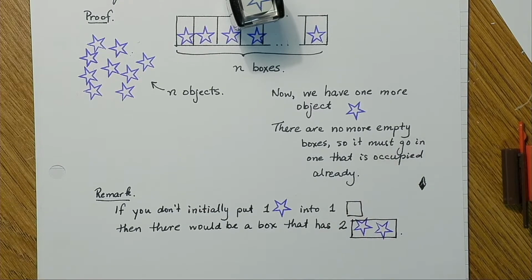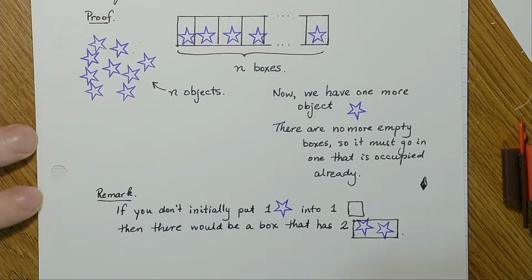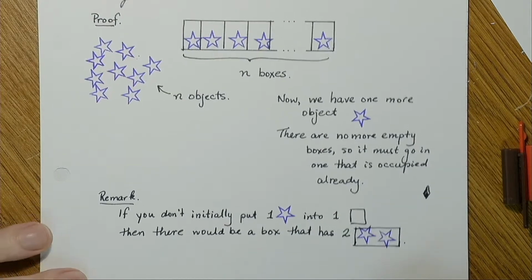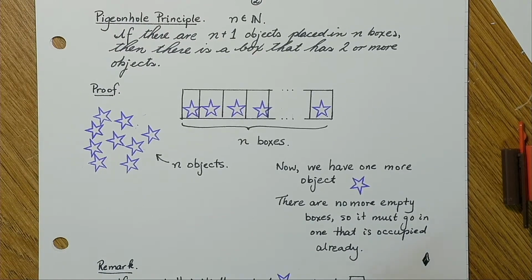And so you would already satisfy the condition, or what we were trying to prove. Okay. Is that pretty clear about the pigeonhole principle?